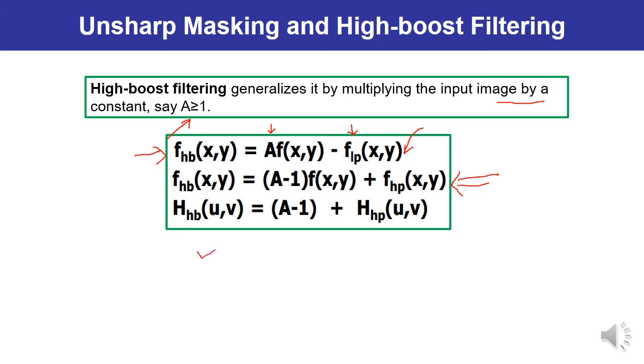So mathematically it can be represented in this form whenever you are talking about high boost filtering. You have to remember that the value of the constant A must be greater than or equal to 1. In case its value is less than 1, then you can observe the inverse effect in the image enhancement.